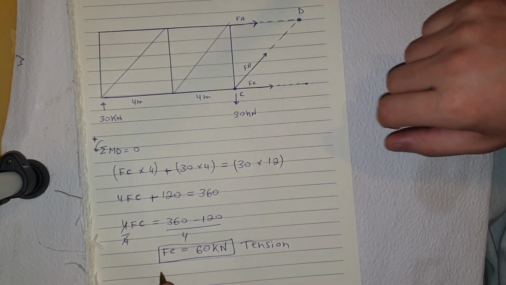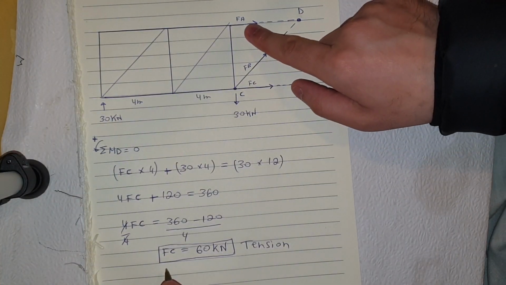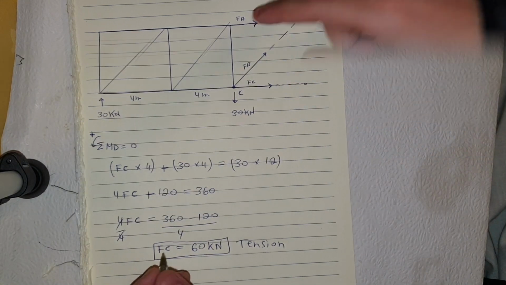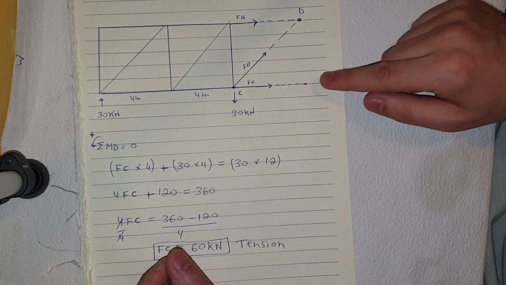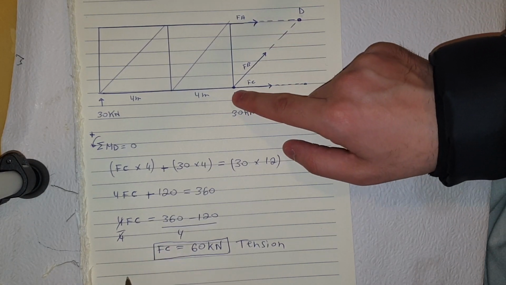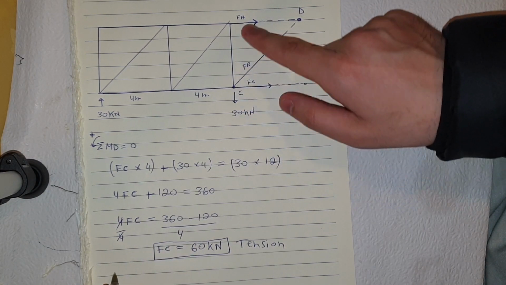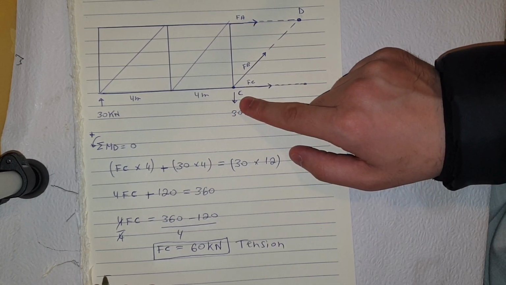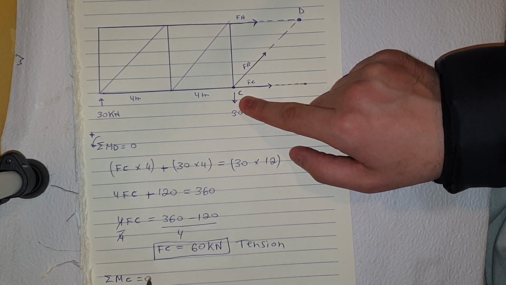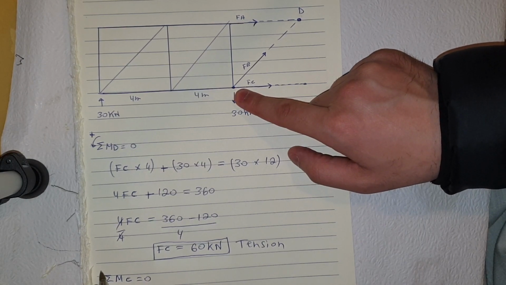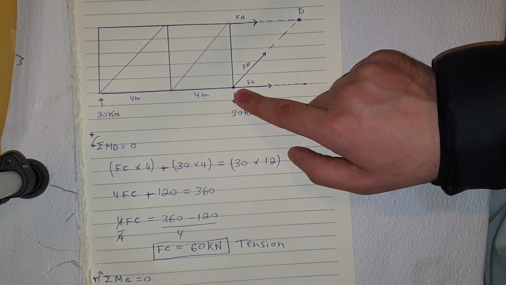So now I'm going to solve the member FA. I'll take summation of moment at point C to find the member FA. So summation of moment at point C is equal to 0. I will assume clockwise positive this time.